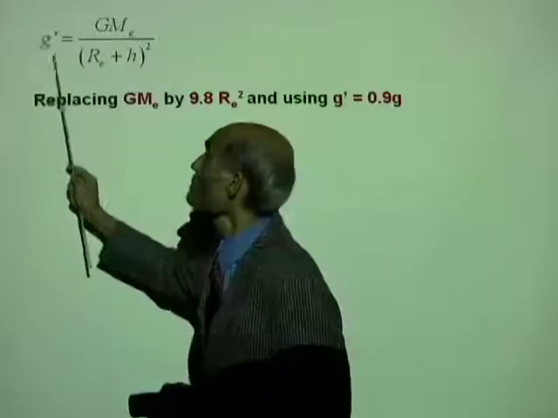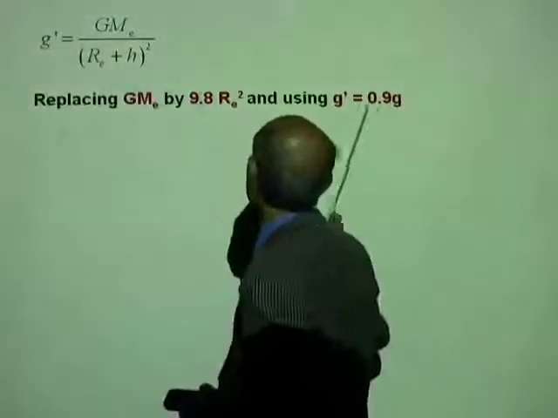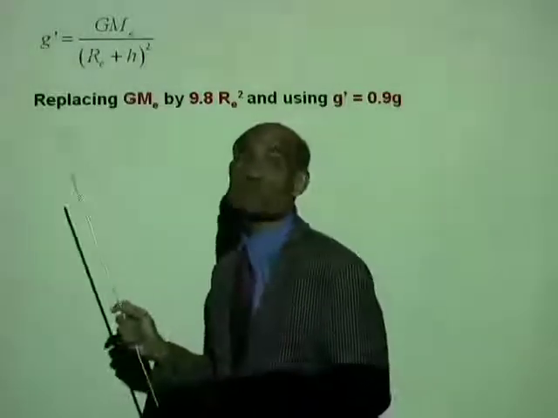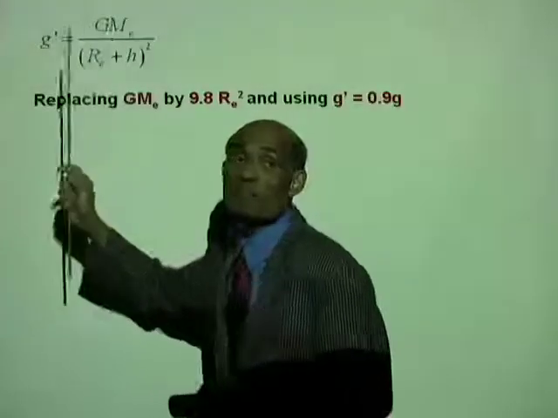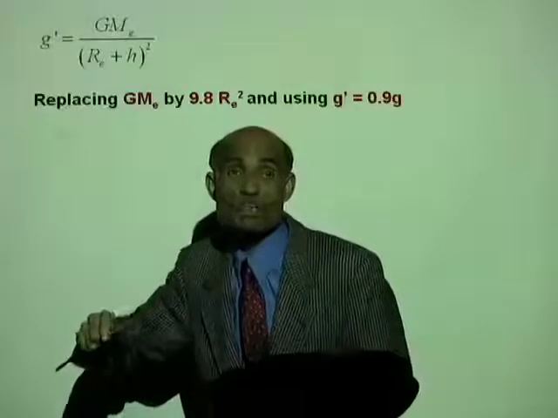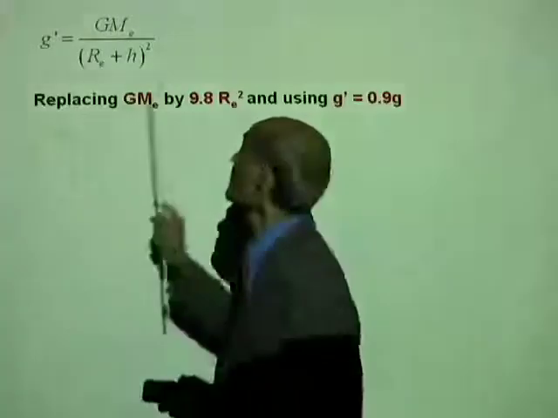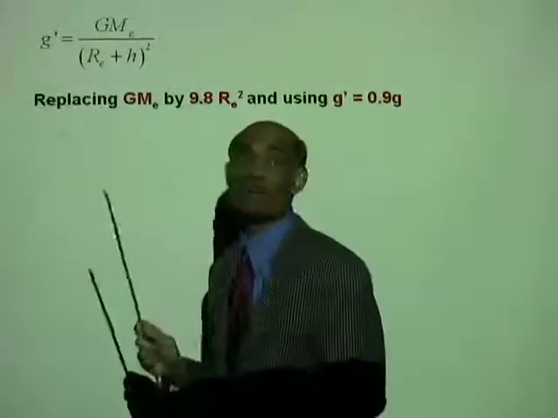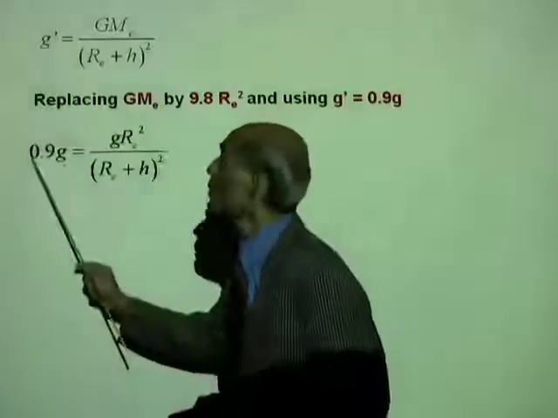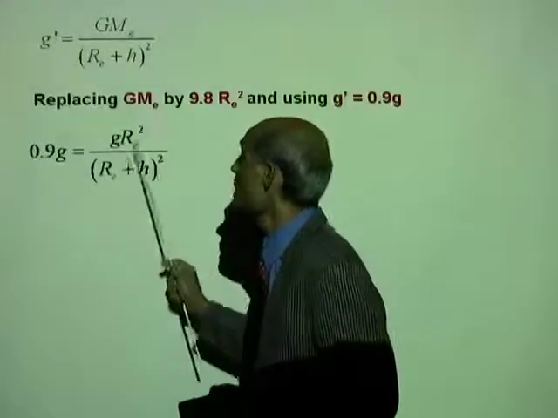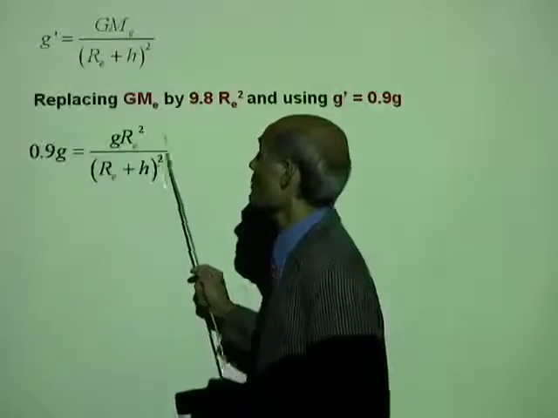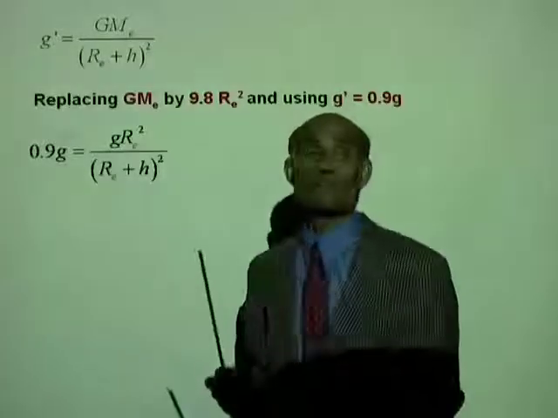We will replace this g prime by 0.9 g, and we will replace this GME by the familiar form small g Re squared, where small g is 9.8. So 0.9 g equal to g Re squared over Re plus h all squared.